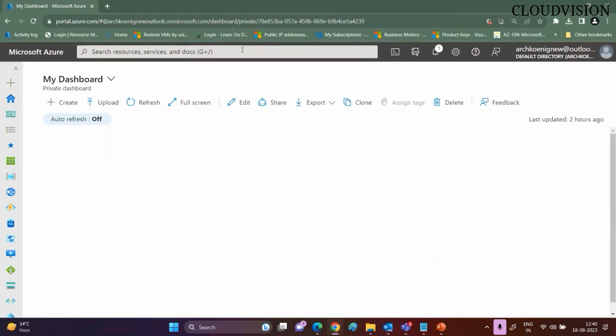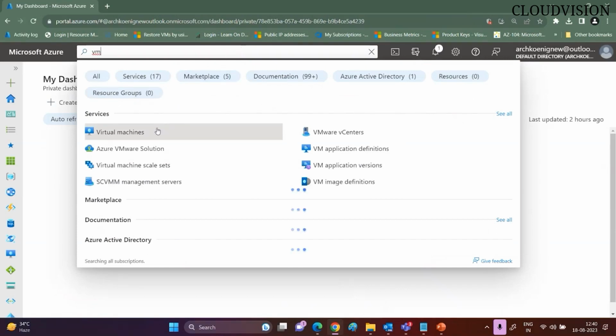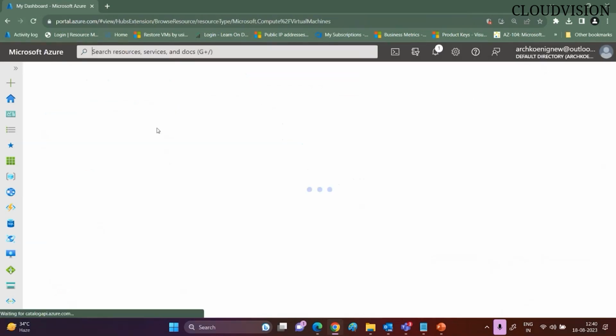Let me quickly check whether I have any VM or not. There is no VM. Once your Bastion gets enabled, then you can take a remote session of it using the Bastion. So that was one way of taking remote management or secure remote access host or jump server.